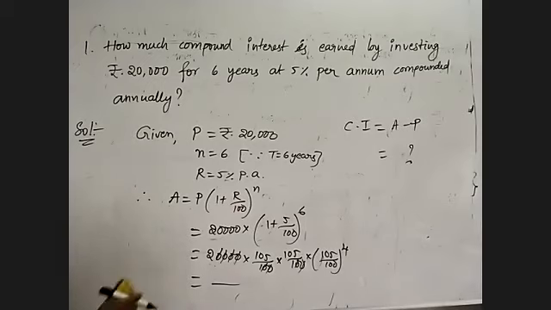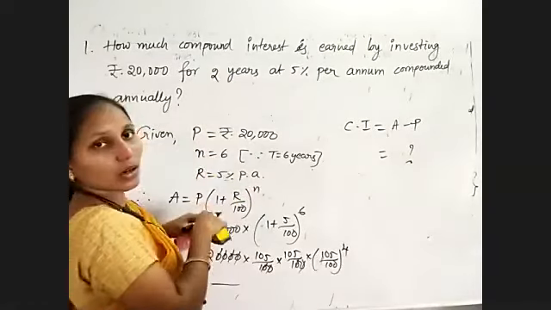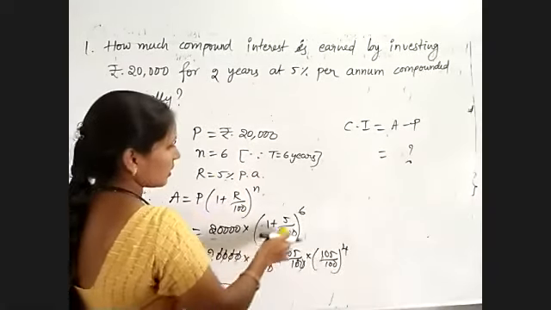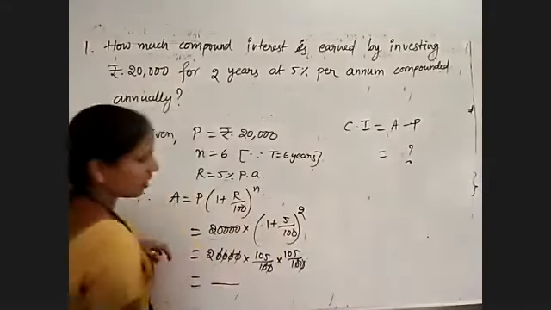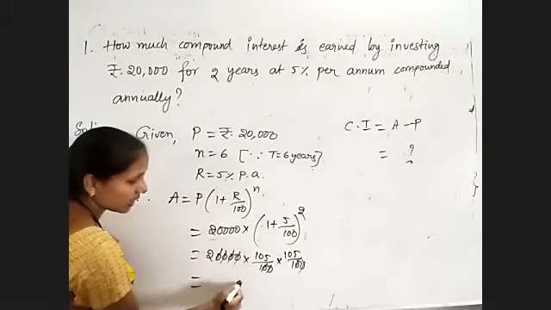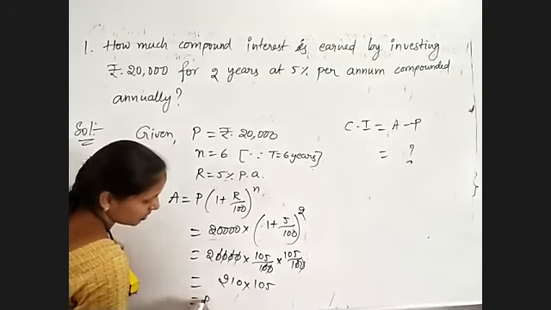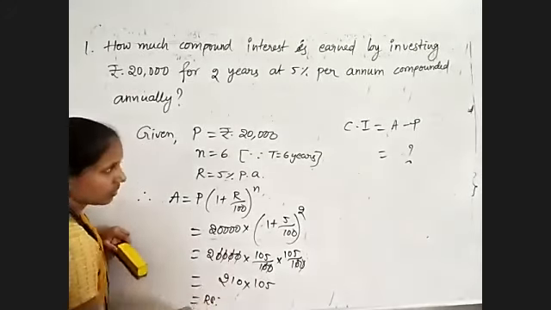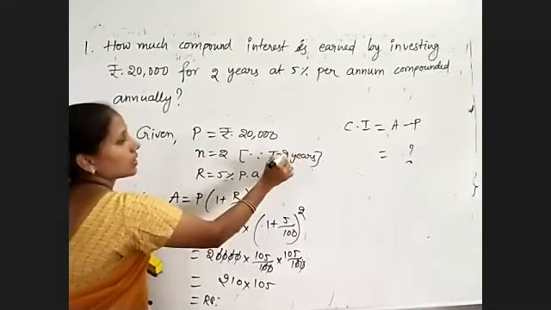So instead of 6 years, if we take only 2 years, then what we will get? Here n will be equal to 2 because T is equal to 2 years.